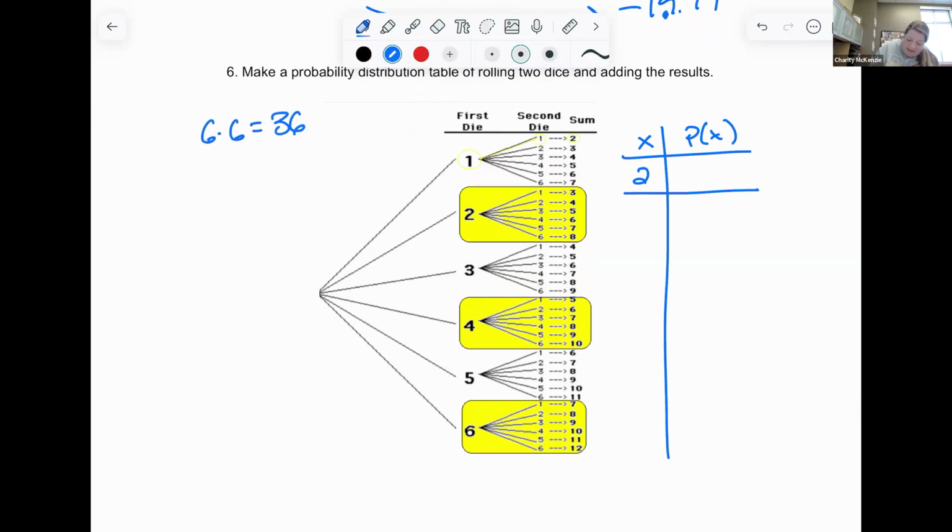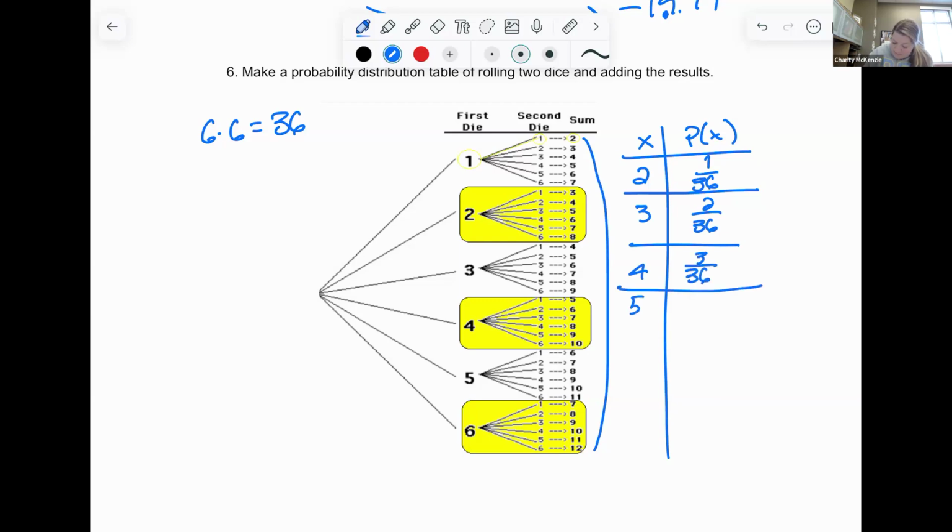There's 36 ways, or add these all up, there's 36 of them, and only one of 36 is a 2. So pretty low probability on that one. Then the 3, there's only 2 out of 36. And then the 4, there's 3 out of 36. The 5, there is 4 out of 36. And the 6 is 5 out of 36. And then the 7 is 6 out of 36.